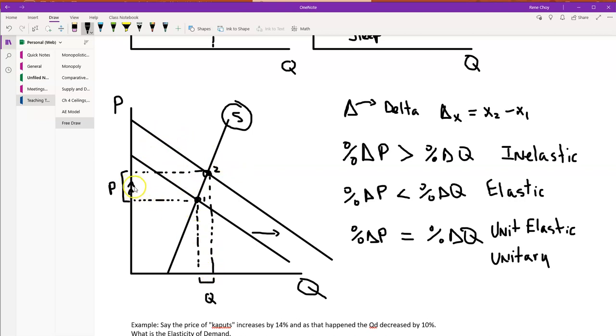So as prices go up from this point, call it 1, to this point, call it 2, prices increase along the demand line as the quantity demanded decreases.